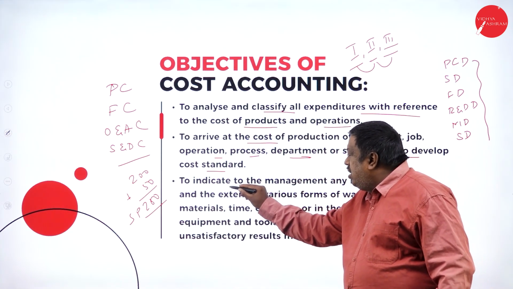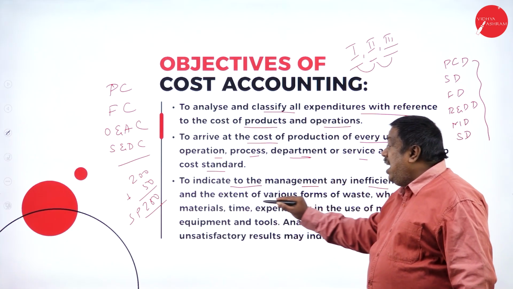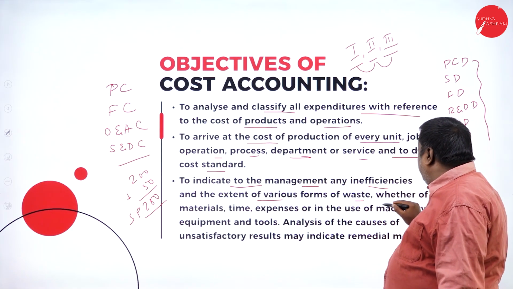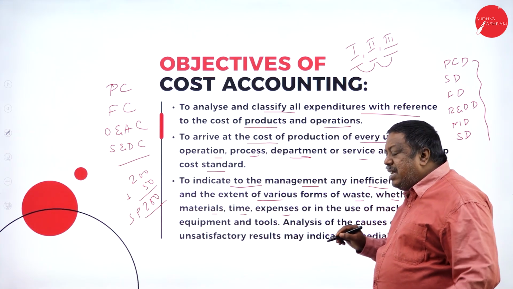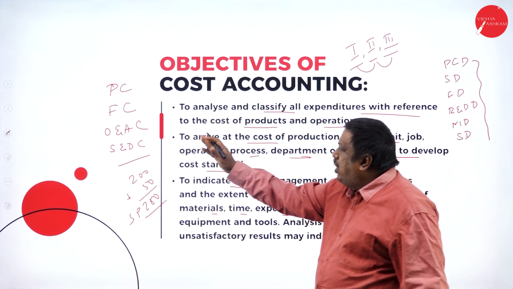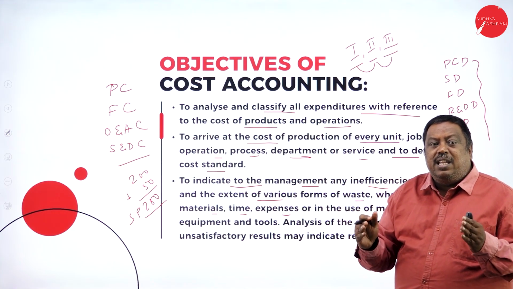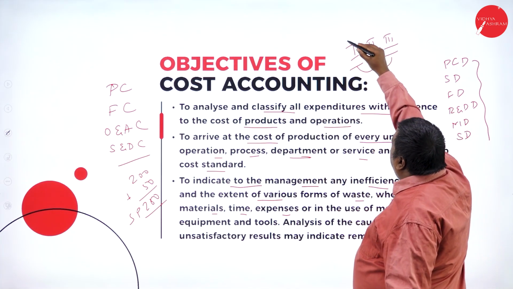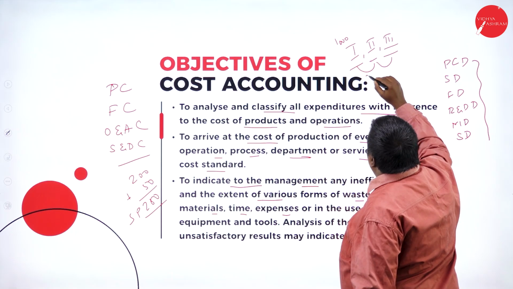To indicate to the management any inefficiencies and the extent of various forms of waste, whether of materials, time, expenses, means if I take into consideration all the things over here, either cost wise or department wise, how much material has been given here in the input: 1000 was the input, output came here 900.